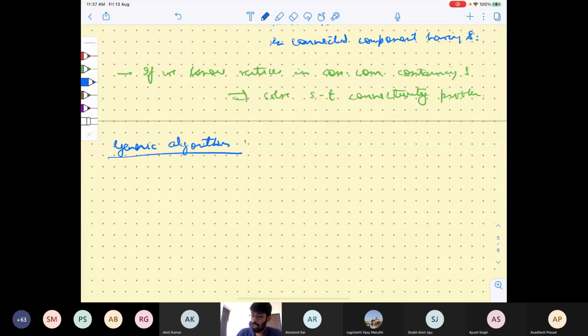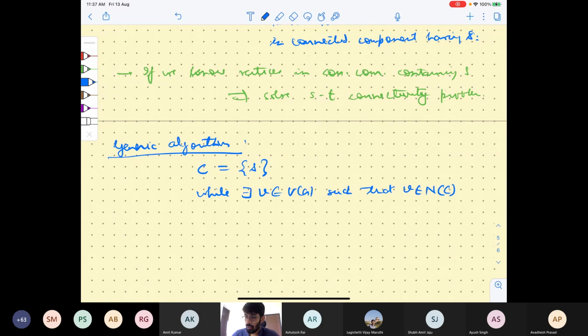This is going to be a more abstract algorithm, but the connected component, let's say C, is initially just S. And while there exists some V such that V belongs to, let's say, the neighborhood of C, so this neighborhood of C does not include C by definition, you can check it above, then we make C equal to C union V. And then we return C finally.